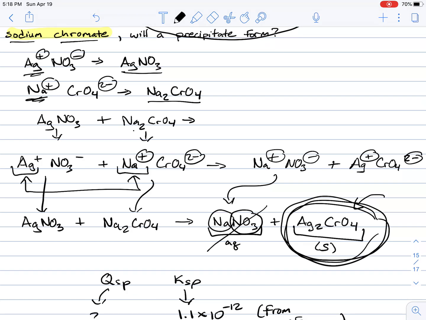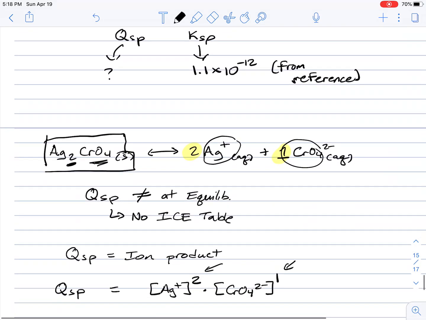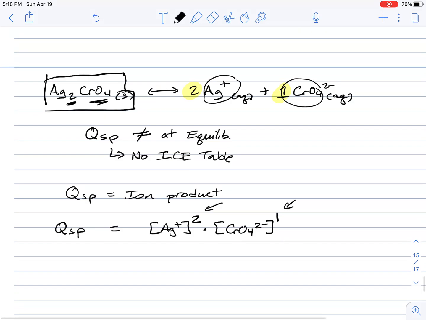So all of these concepts from Chem 110, or first semester of general chemistry, are stacking for this chapter. Now, to determine the equilibrium concentrations, we need to determine what the concentration of silver is and what the concentration of chromate is.